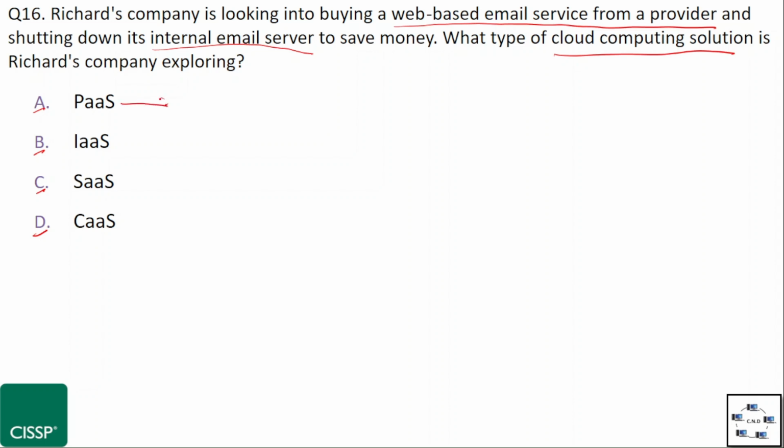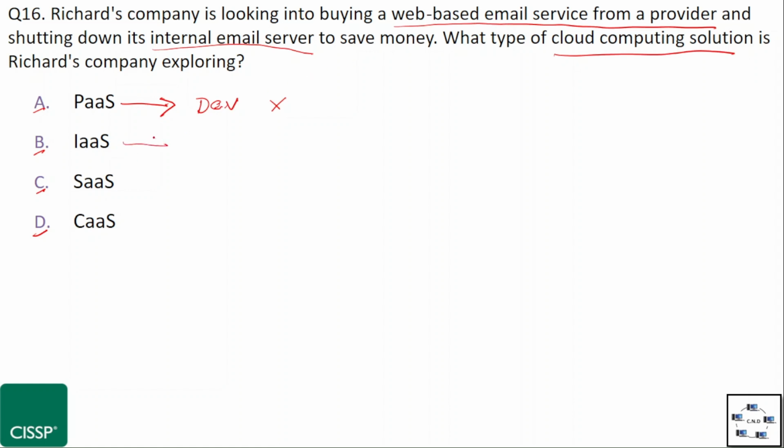So in PaaS, the cloud provider gives you the development platform, and the user then develops their own applications and uses them. So that is not a suitable option, because we will be using the web-based email service of the provider.